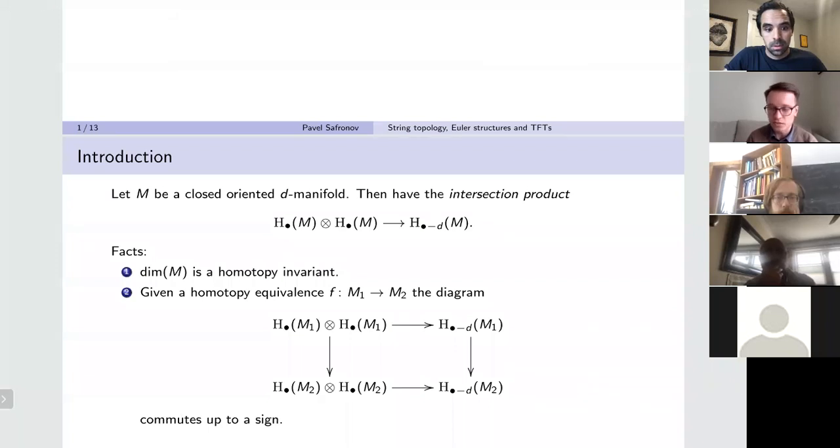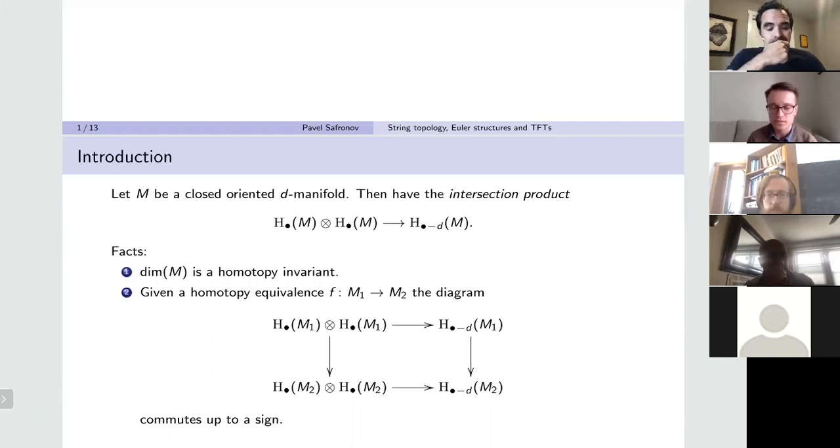Now, note that for non-closed manifolds, this is not true. For instance, R^n is homotopy equivalent to the point, but they have different dimensions. And the second fact is that the intersection product is actually homotopy-invariant. If you have a homotopy equivalence of closed oriented manifolds, then it intertwines the intersection product.